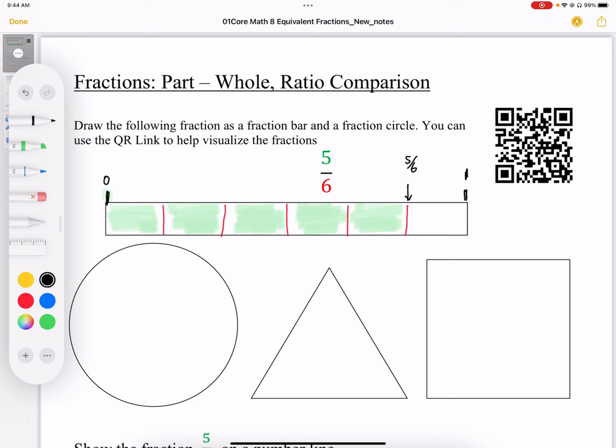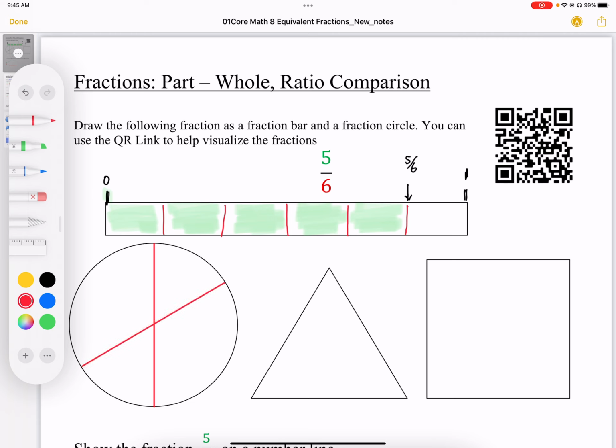So we can do this in different shapes. So we're going to do this in a circle. And for circles, again, it's easy to divide into nice halves. Okay, we divide it into halves. And then I'm going to try to divide each half into thirds. So that's about 1/3 through there, maybe about there. And then I can draw a line there. I'm going to make it nice and straight. Okay, and then I'm going to do maybe 1/3 like that.